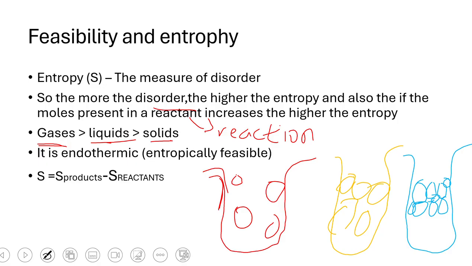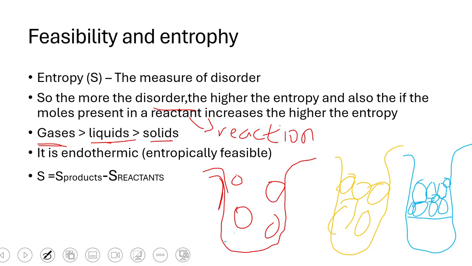So the disorder in the gases is higher than the disorder of the liquid, which is also higher than the disorder of the solids. Since there is more disorder in the gases, they will have higher entropy than the liquid, which also has higher entropy than solid.